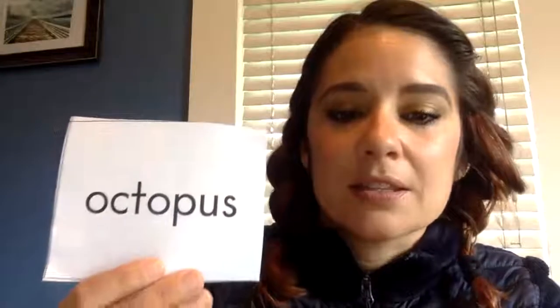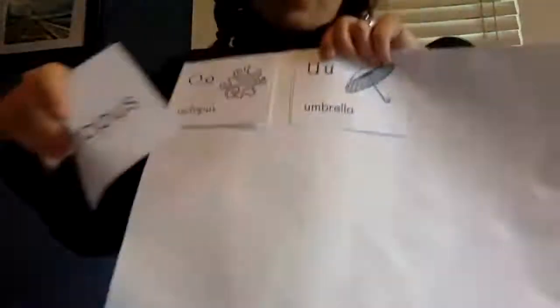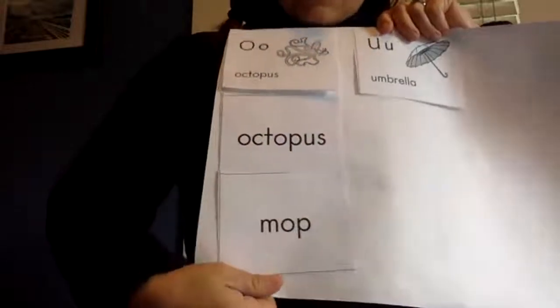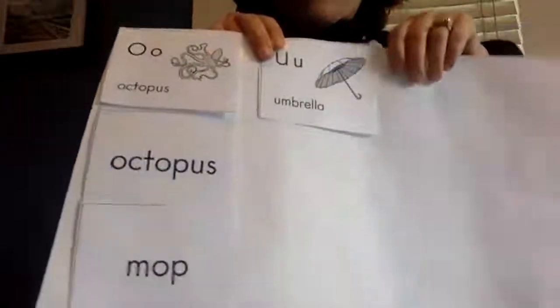Both have the short O sound. This word is a lot longer, right? Still has the correct sound. I'm going to go ahead and add that to my chart right here. Octopus and mop.